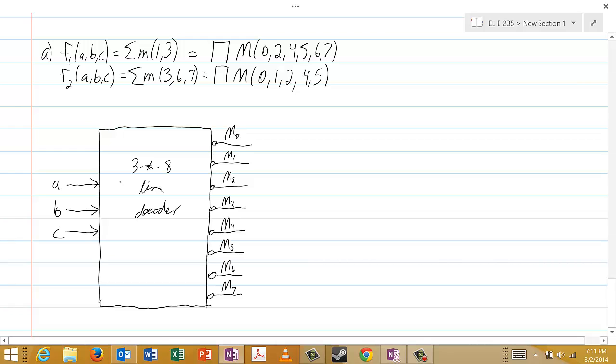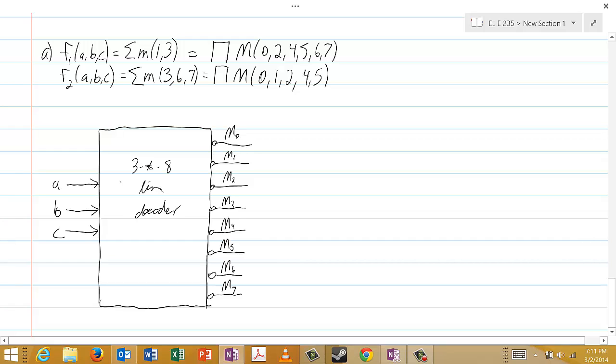When we look at the first function, which is the product of these 6 max terms, we realize that if we're going to try to generate this function using an AND gate, then we will need a 6-input AND gate. We'll have these 6 inputs.